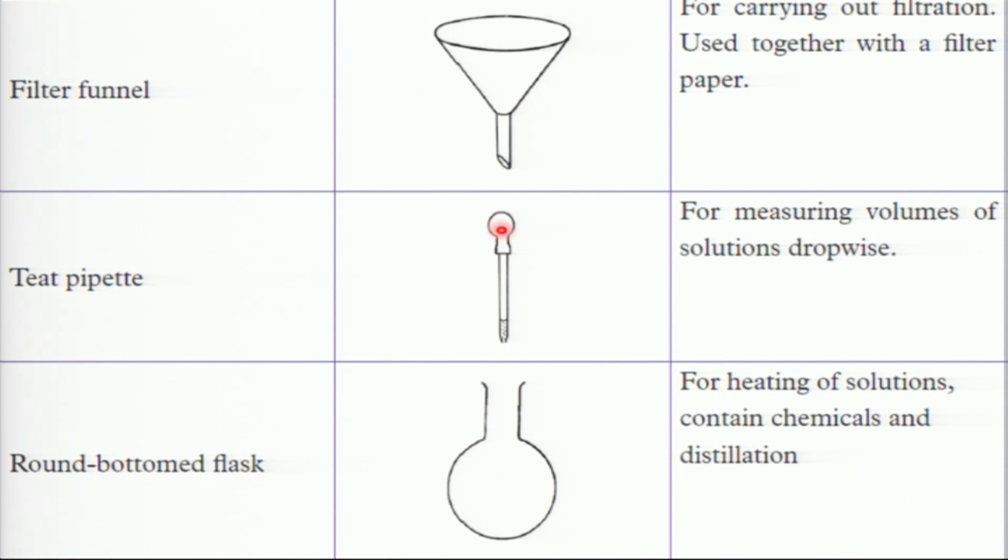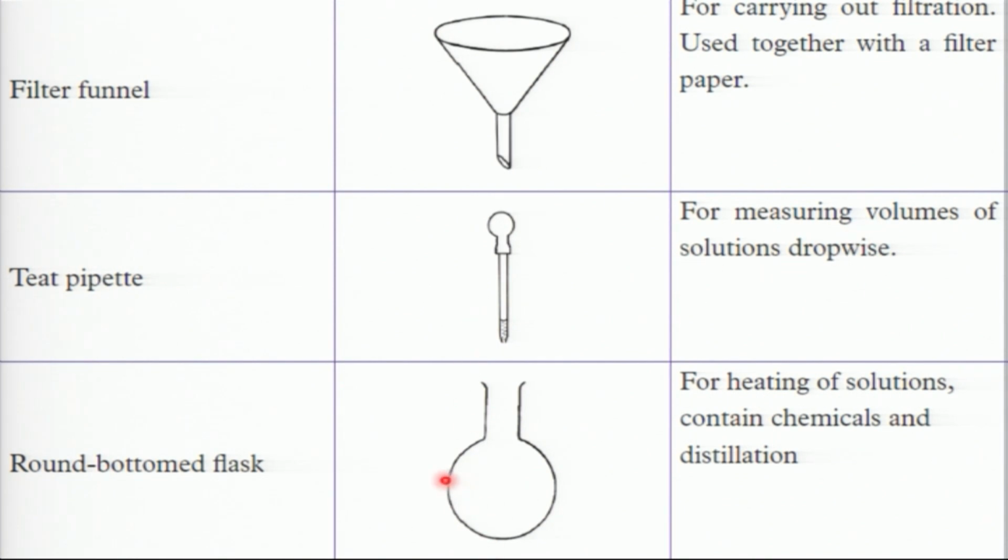When you squeeze that, you suck the liquid. So when you want to drop the liquid, you don't squeeze it, you leave it. So this is a pipette. It is used to drop volumes of solution dropwise, one by one. As you release it, it drops a certain amount of solution. When you squeeze it in a liquid, it pulls the liquid, all right? So the pipette is used for measuring volumes of solutions dropwise, all right?